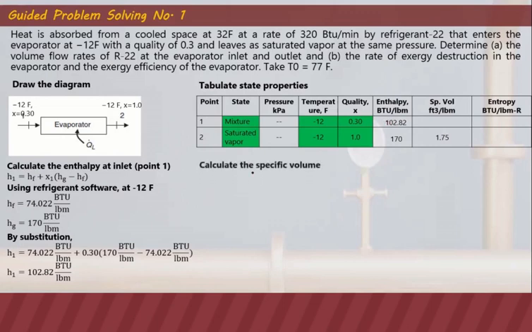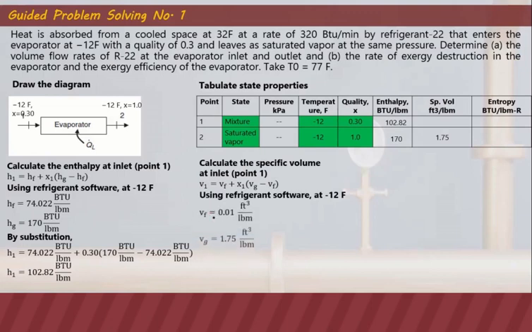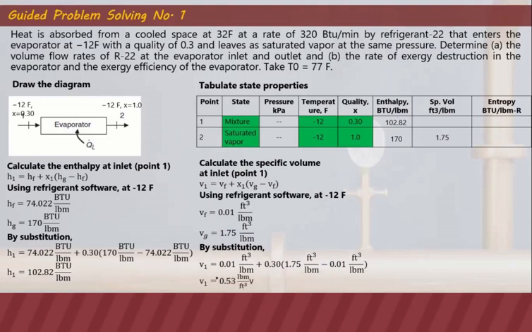For the specific volume at the inlet, we will use the same formula, but this time in terms of specific volume. We can get vf and vg from the software using our temperature, which is negative 12 degrees Fahrenheit. Substituting, we get our specific volume at point 1 to be 0.53 cubic feet per pound mass.